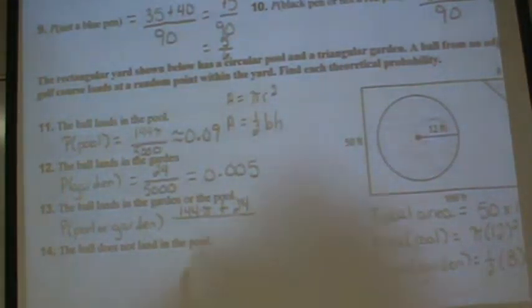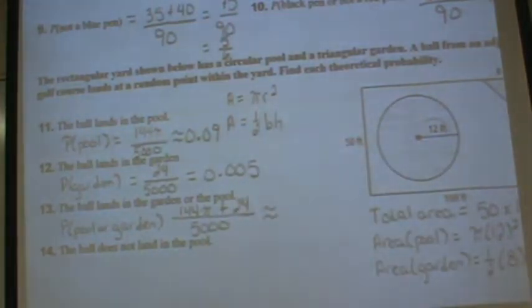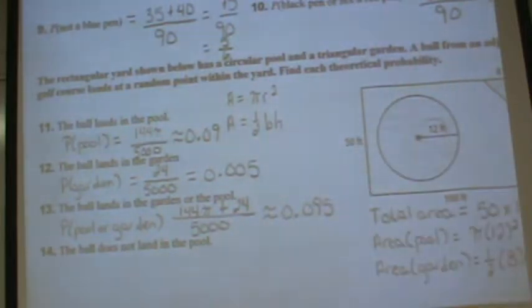And then we're still dividing by 5,000. And you'll get approximately 0.095, or approximately 9.5%.